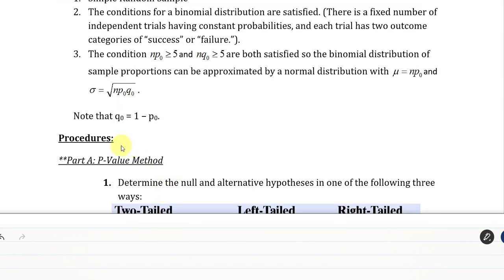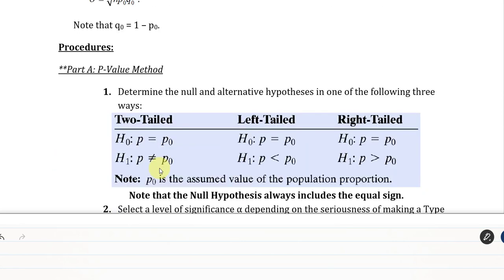Okay, there are a few procedures for conducting the hypothesis testing. The first part, A, will focus on the p-value method. The first step is to determine the null and the alternative hypothesis in one of the following three ways: two tails, left tail, or right tail.